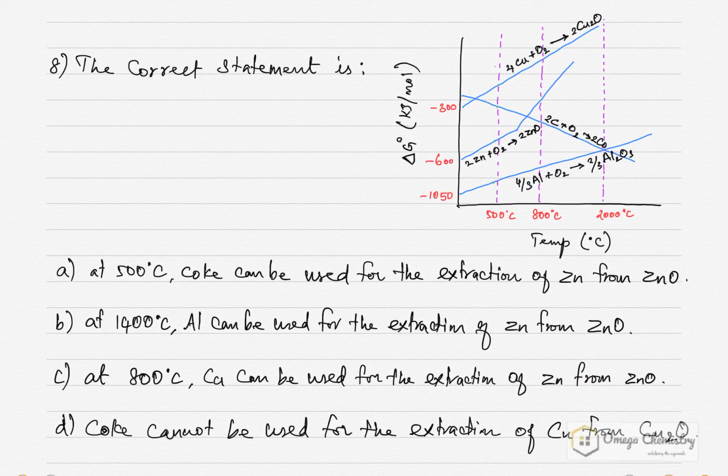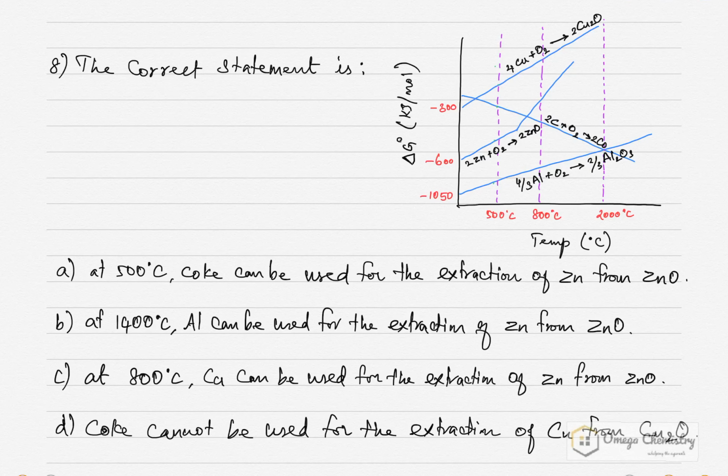So 8th problem. The correct statement is, here an Ellingham diagram is given, and we need to find out which is the correct statement. Let us read one after another. Statement A goes like this: at 500 degrees Celsius, coke can be used for the extraction of zinc from zinc oxide.